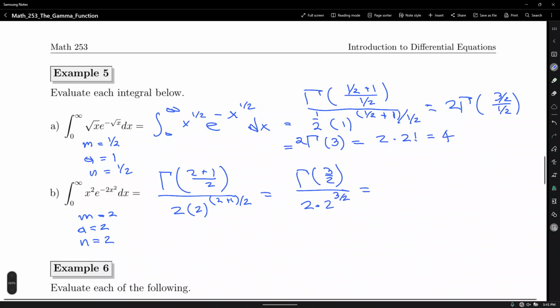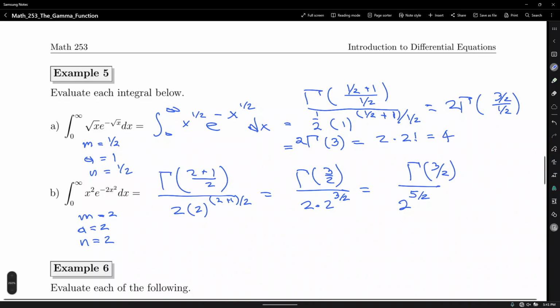And what about the denominator? Power 1 plus power 3 halves. Combine the powers together. That is 2 to the 5 halves in the denominator, gamma of 3 halves in the numerator. But the question here is, how do we calculate gamma of 3 halves? Well, let's have a look at the next set of exercises, and then we're going to go back to this same one.